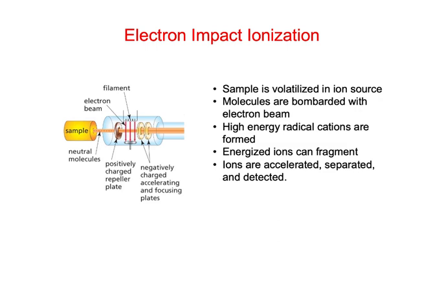All right, so here's just kind of a summary. So in this ion chamber, as the sample is volatilized, the molecules are bombarded with an electron beam. High energy radical cations are formed, so we could draw it down here. So here's our analyte. I'm going to draw it as M. We're going to essentially shoot it with an electron beam.